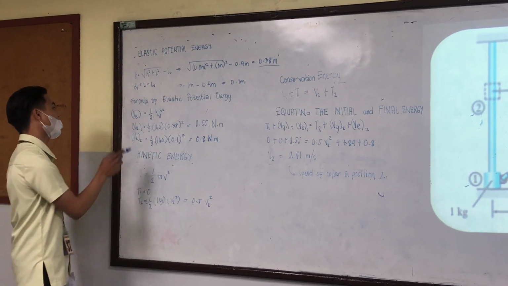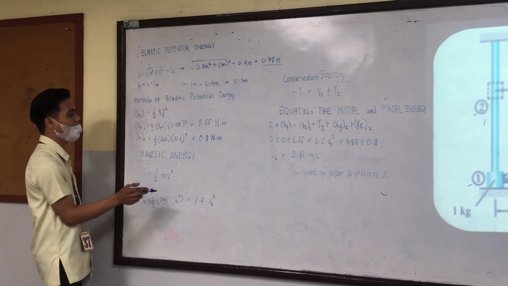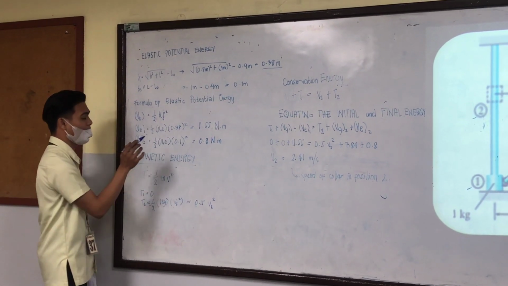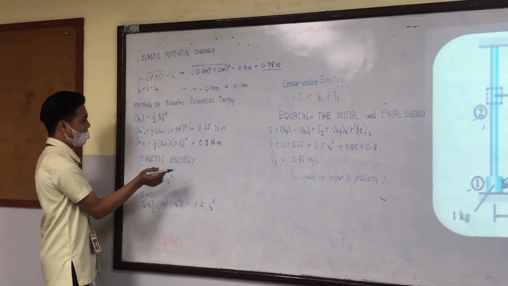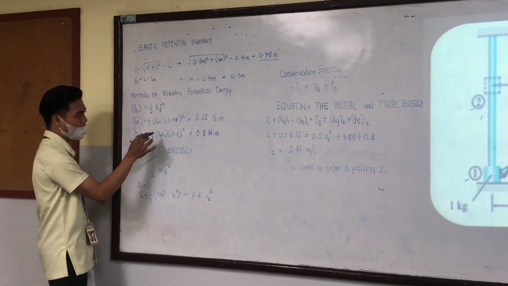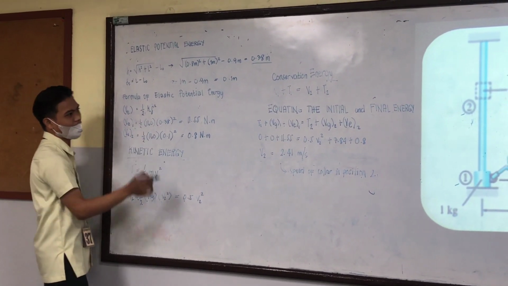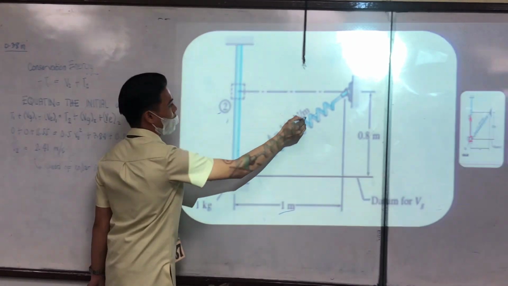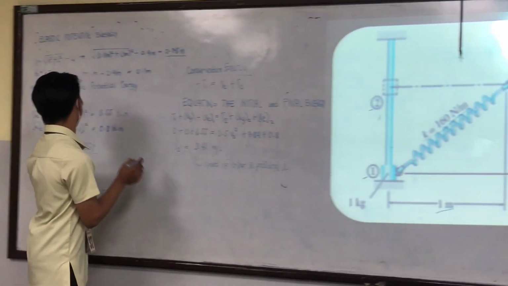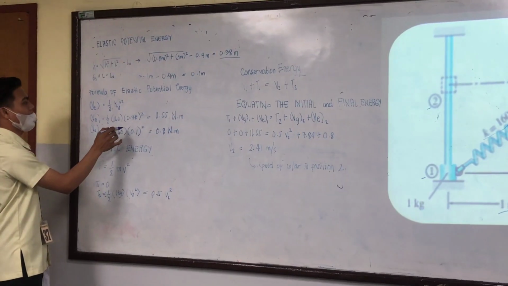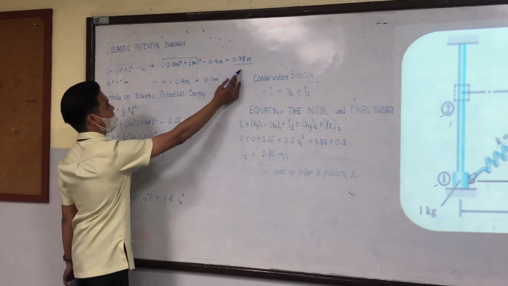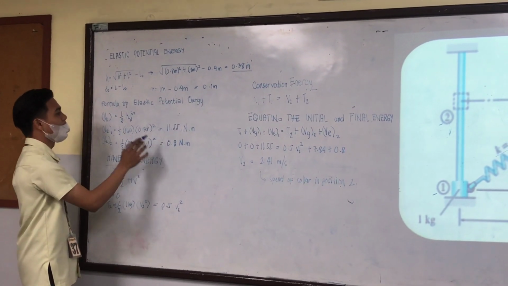So for our first elastic potential energy, we substitute the values. We have 1/2 times the stiffness, which is 160 Newton per meter, multiplied by the first elongation, which is 0.38 meter squared.